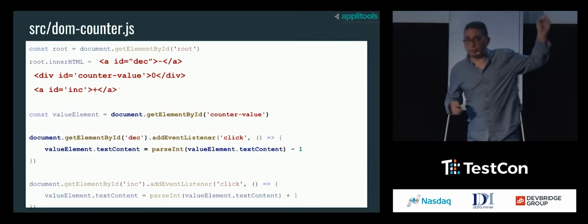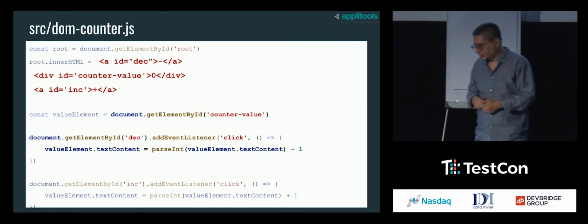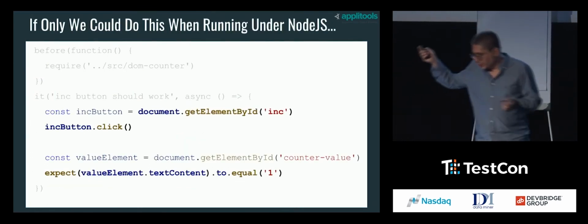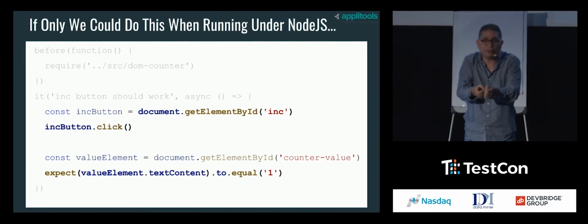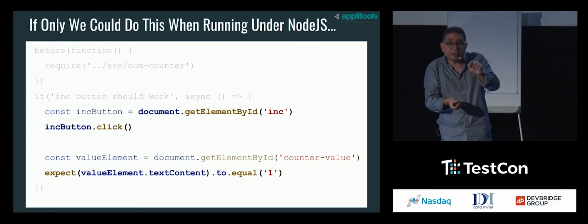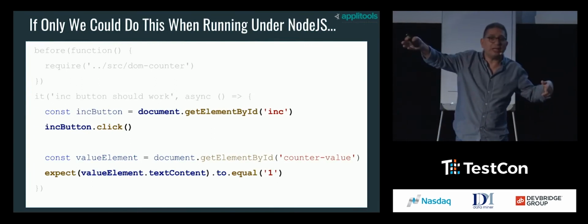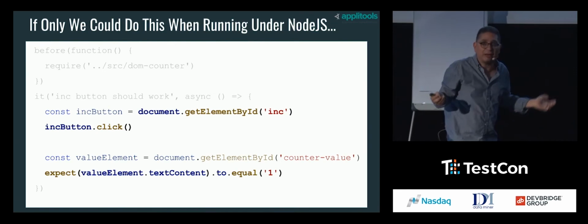Remember, it's this code. If we could just require it under Node, have it do its thing, and when you test, just click on the increment button. If it's running under Node, we could have the document in our hand. Just click on it, and check the value, again using document.getElementById.